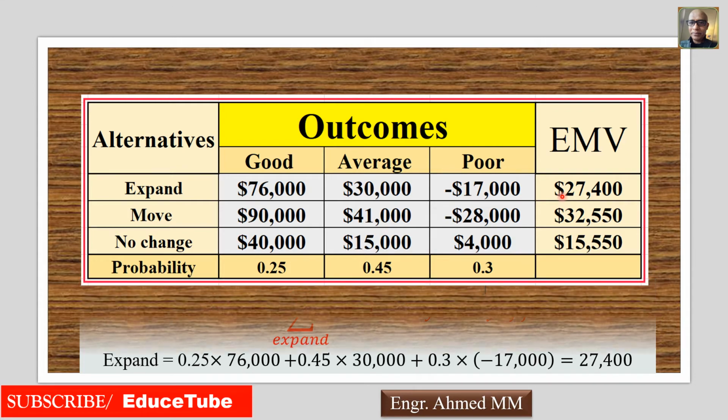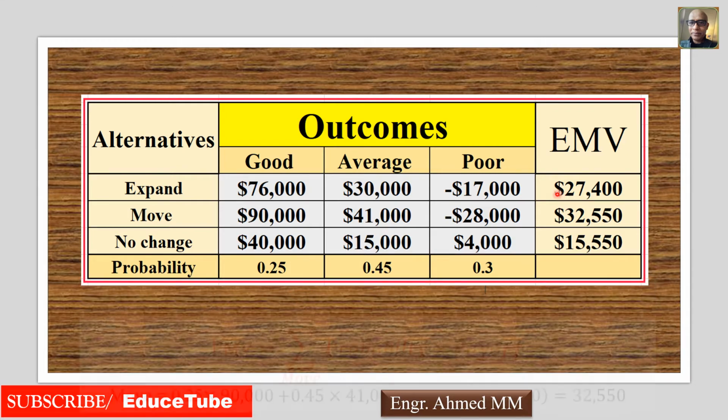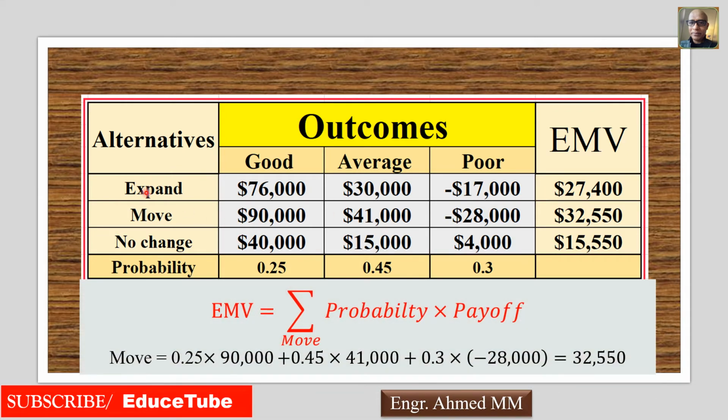For the second option, for move, we will do the same procedure. These probabilities are multiplied by the second row, move, all payoffs, 90,000, 41,000 and 28,000. So we multiplied these by the probabilities respectively, and we got 32,550.